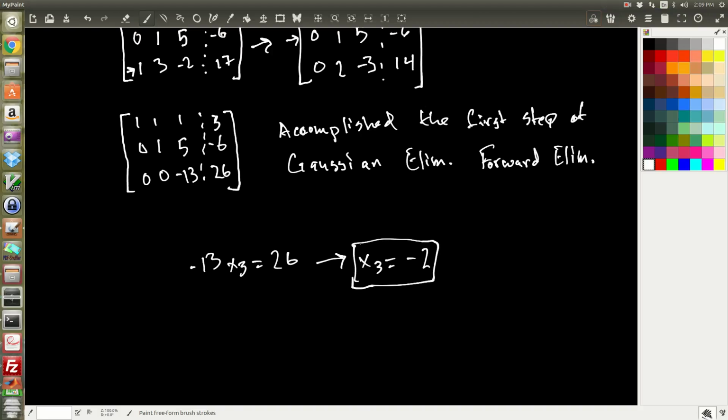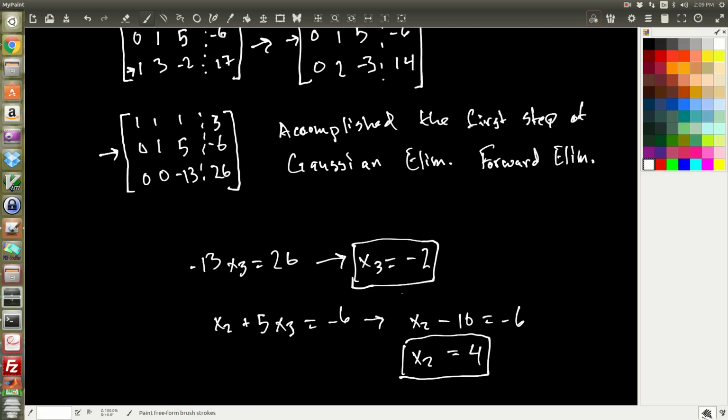So now that we know x3, we can back substitute that value into this second equation, which we write out as x2 plus 5 times x3 is equal to minus 6. Substituting in our value for x3, we get x2 minus 10 equals minus 6. We do the algebra and we get x2 equals 10 minus 6, which is 4.